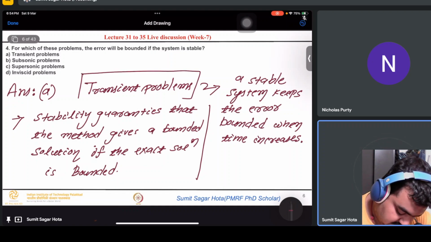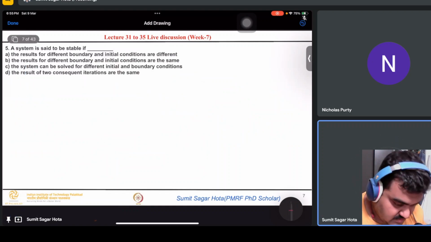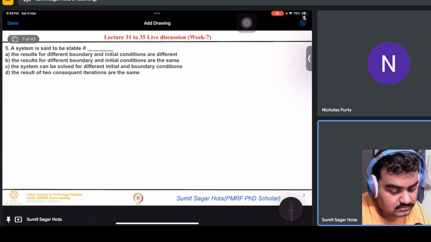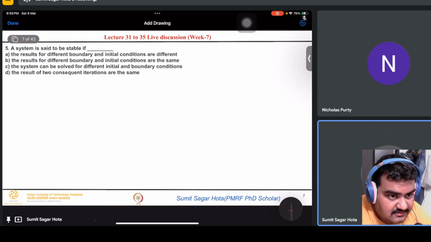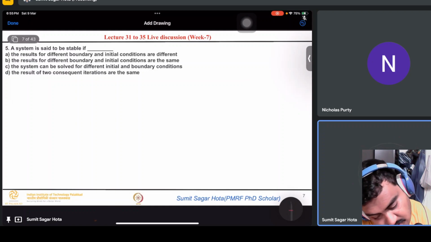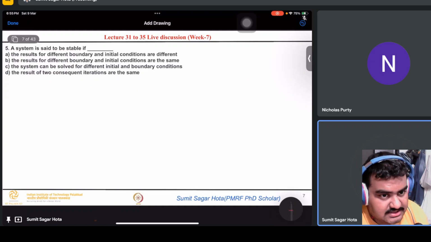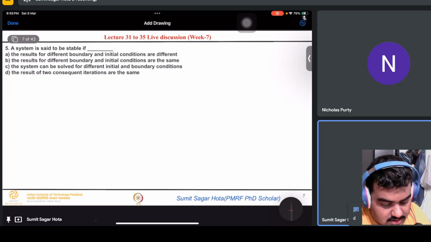A transient system is said to be stable if dash. Actually the answer will be C. The system can be solved for the initial and boundary conditions.